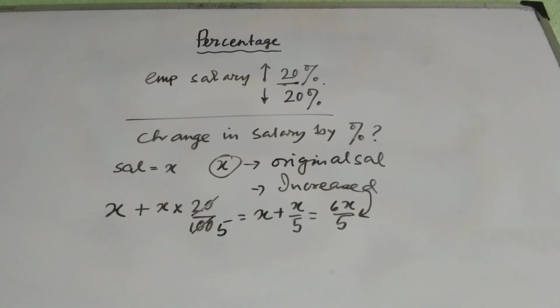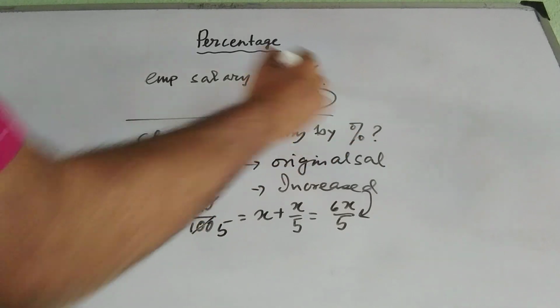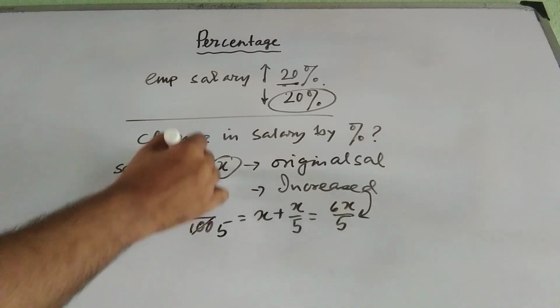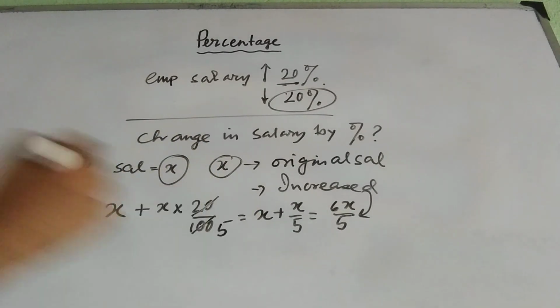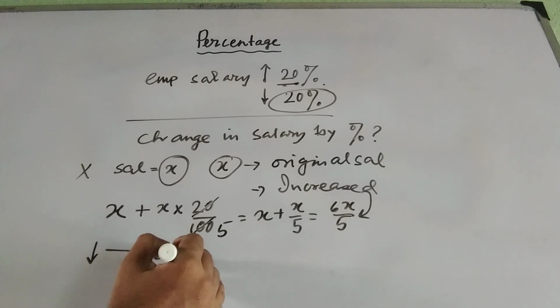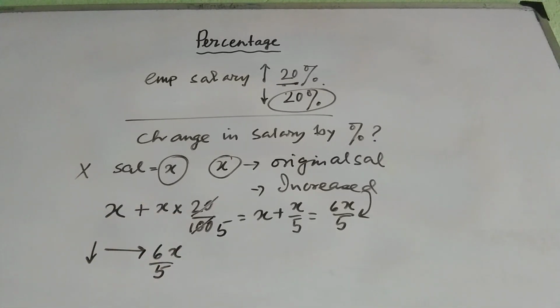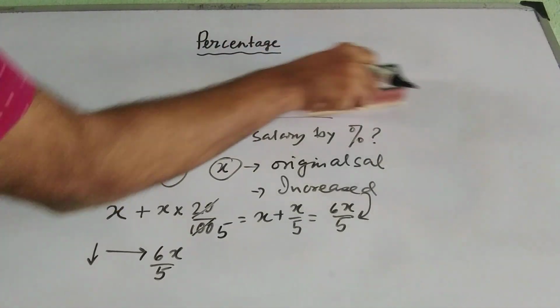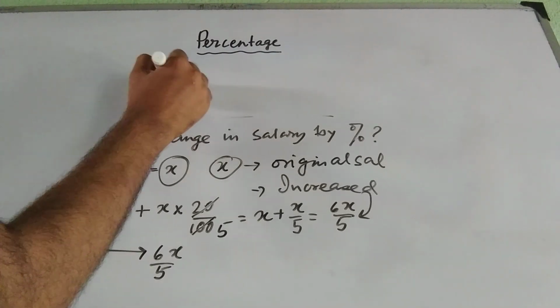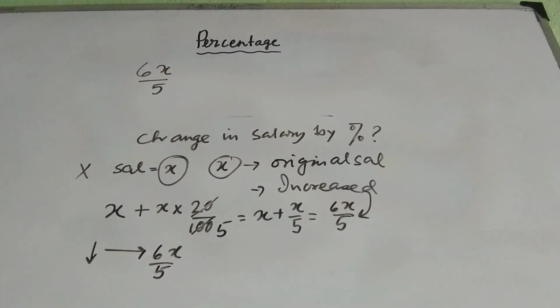Now we calculate a decrease of 20%, but in terms of the new salary, not in terms of the old salary. The decrease now happens on the base of 6X by 5, which is the present salary after the increase.